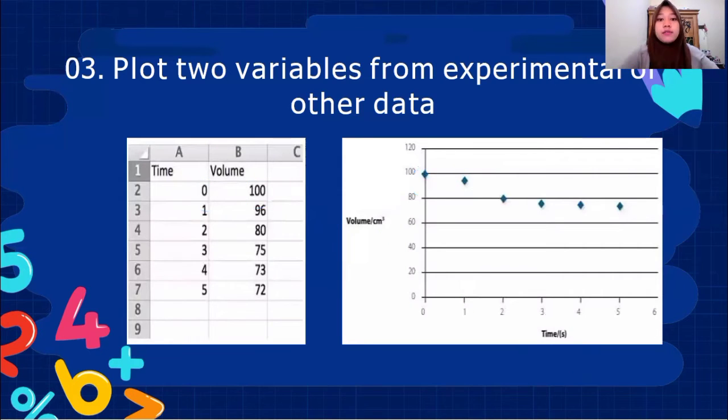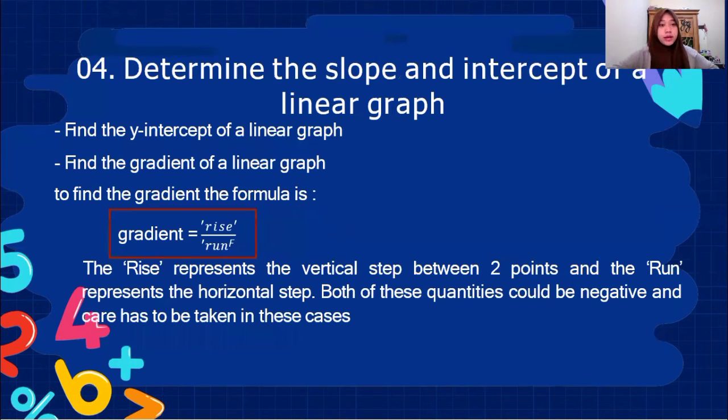And the last thing that we will discuss here is determining the slope and intercept of a line graph. So here we want to find the y-intercept of a linear graph and find the gradient of a linear graph. There's a formula for the gradient.